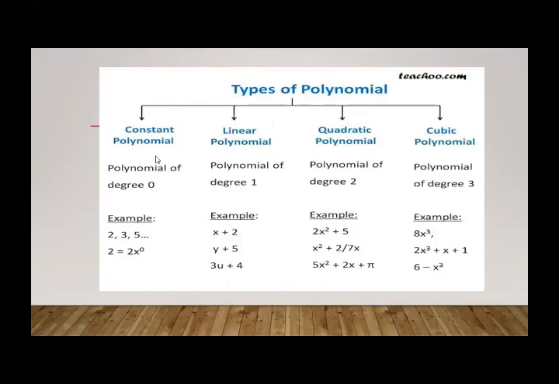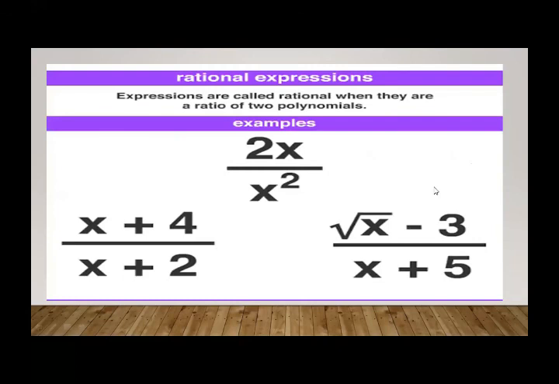Next we discuss types of polynomial according to degree. The first one is a constant polynomial whose degree is 0, then linear polynomial whose degree is 1, then quadratic polynomial whose degree is 2, and cubic polynomial whose degree is 3.